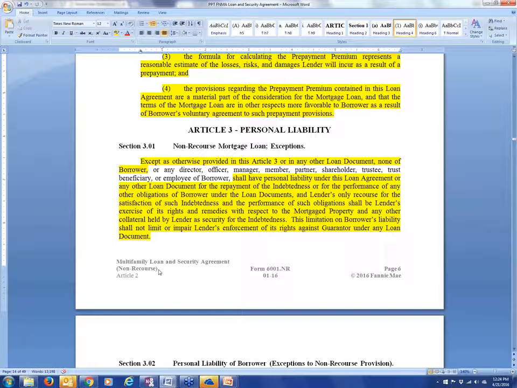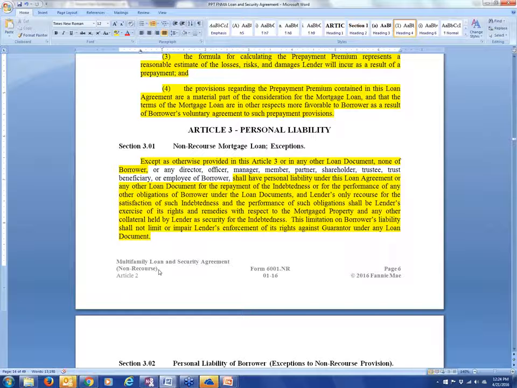Section 3.01, non-recourse mortgage. Except as otherwise provided in this article or in any other loan document, none of the borrower shall have personal liability under this loan agreement or any other loan agreement for the repayment of indebtedness, and the lender's only recourse for the satisfaction of such indebtedness and the performance of such obligations shall be the lender's exercise of its rights and remedies with respect to the mortgage property and any other collateral held by the lender as security for the indebtedness.